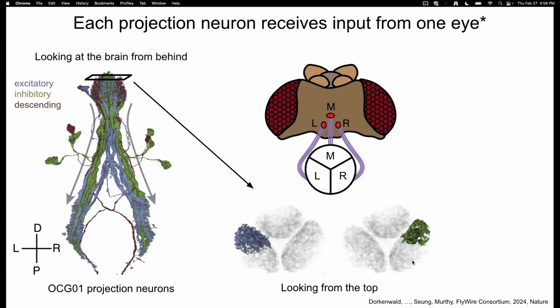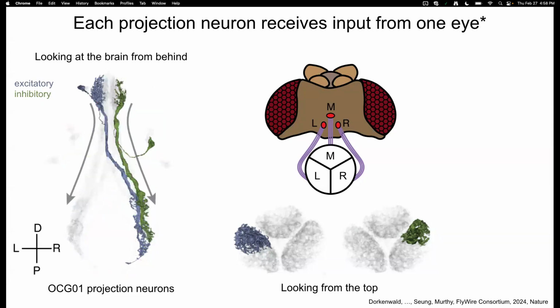So we can assign information about from what eye each of those neurons receives input. And what we found quite strikingly is that the excitatory neurons project contralaterally to the other hemisphere, whereas the inhibitory neurons stay on the same side.